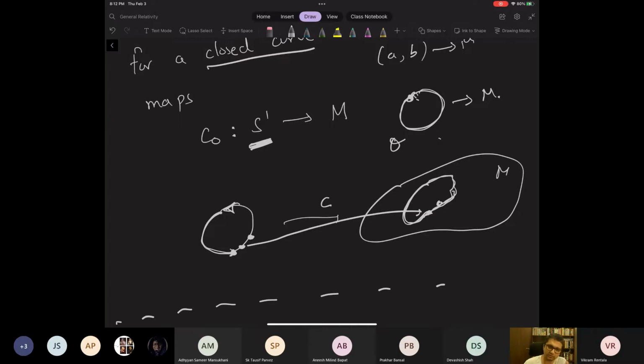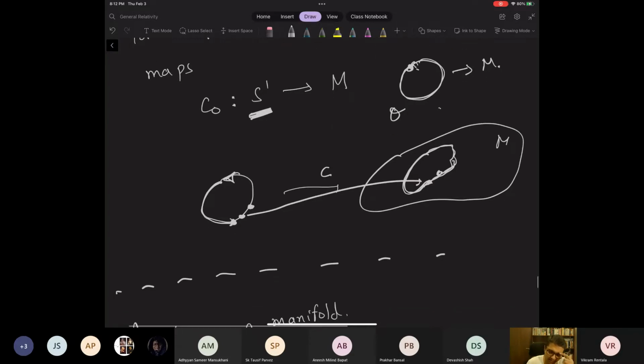However, if I want to represent this using coordinates, I can't do this using a single coordinate t. I can't define this as just x mu of t, because we've seen already that you can't cover an S1 by a single smooth coordinate patch. You can use a single coordinate patch, but you will have to remove one point. You can use t as long as you're in that coordinate patch, but coming back to the same point, you can't keep using that same coordinate patch.